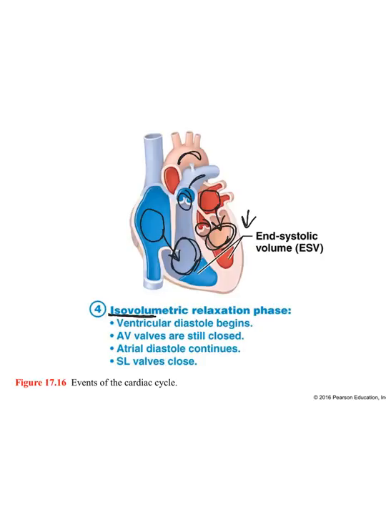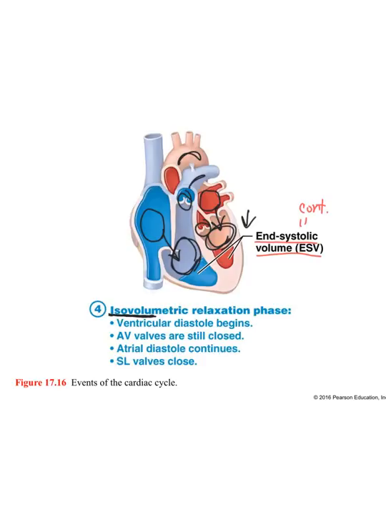There are a few terms that I want to mention here. We have what we call the end-systolic volume. This is the amount of blood that remains in the ventricles after contraction. So remember, systolic is contraction, and this is the end. So notice during rest, we do not eject all of the blood.